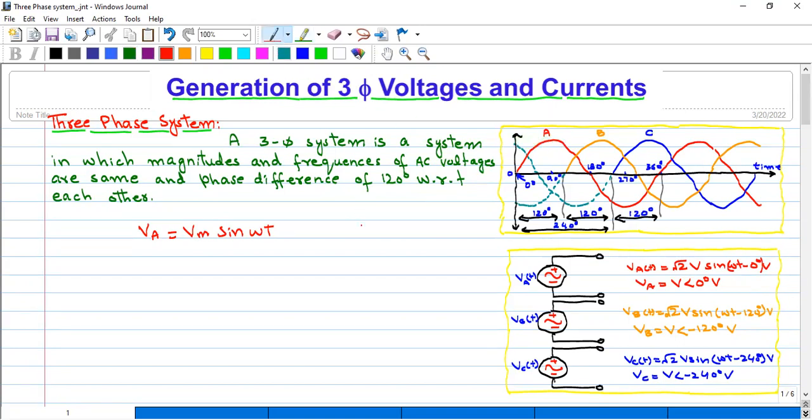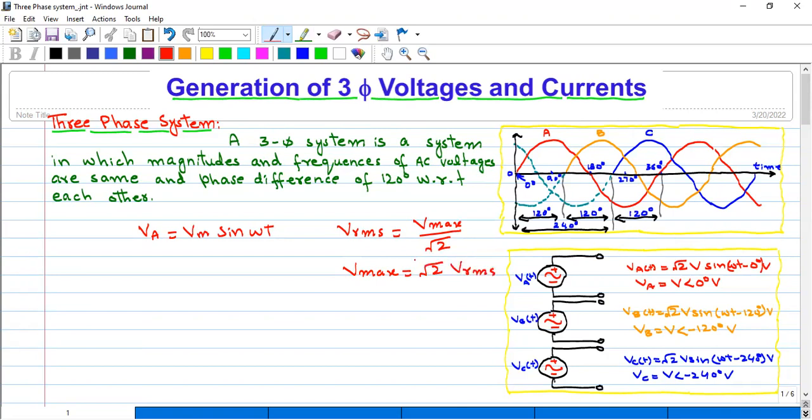As we know, Vrms is equal to the maximum voltage divided by under root 2. So Vmax will be equal to under root 2 times Vrms voltage.